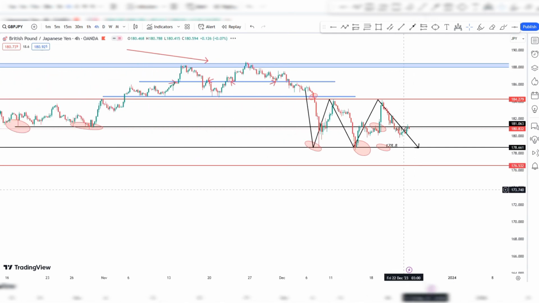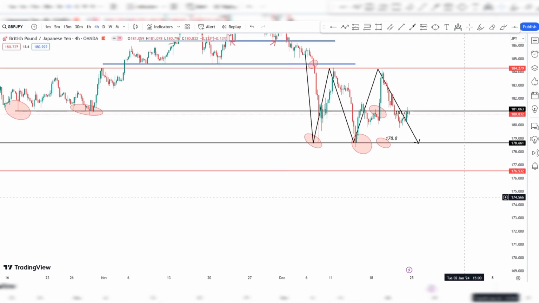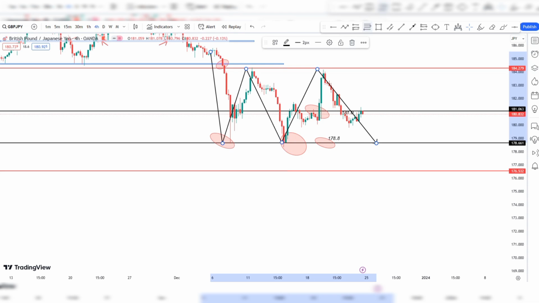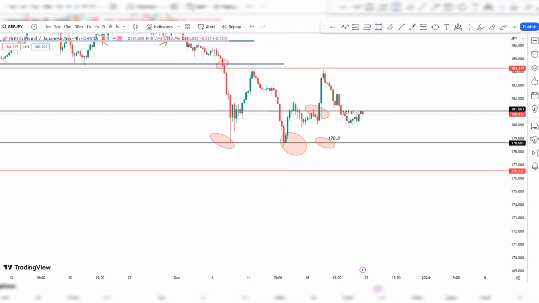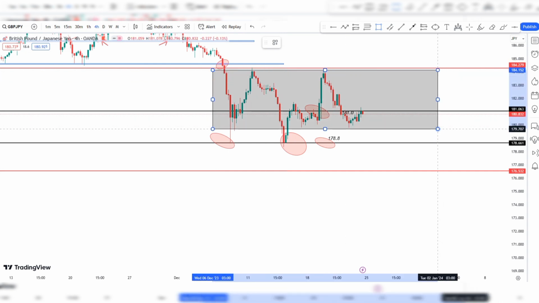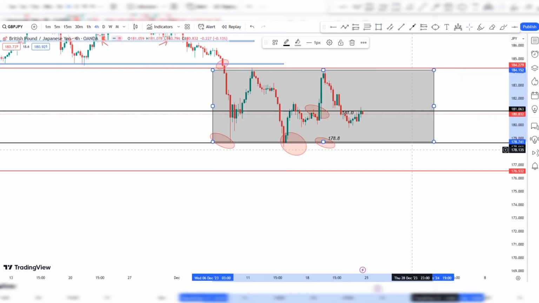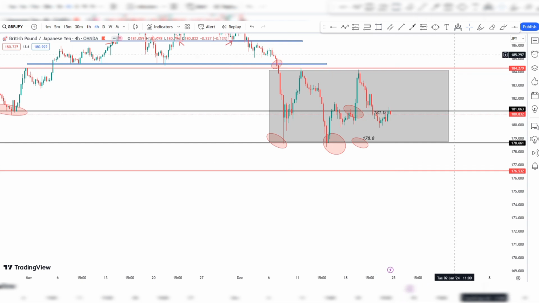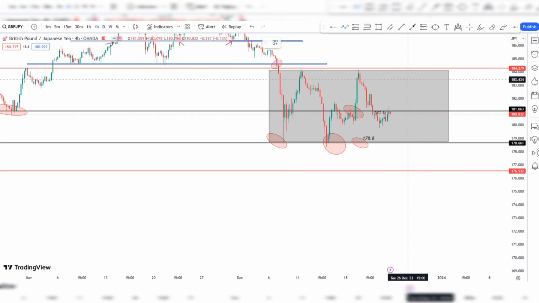On the daily time frame, having a closer look at it, we can see the range there as well. So the market has been ranging between these areas, and I expect price to fall further down to this area.